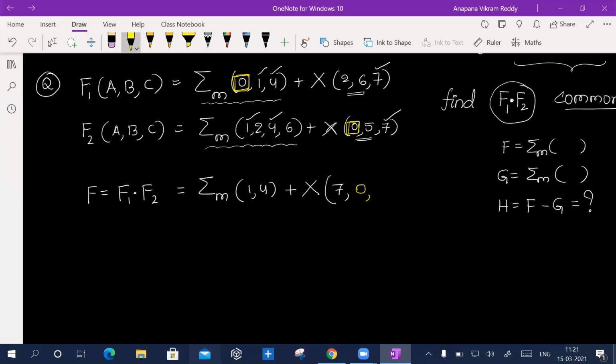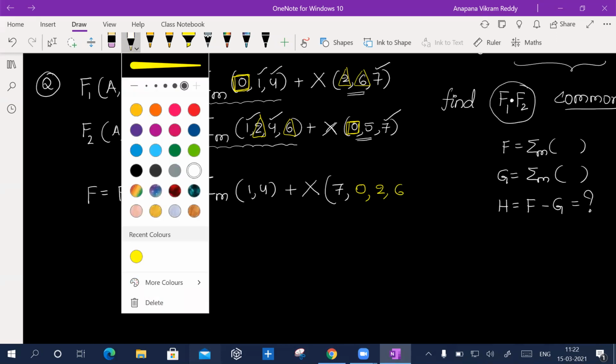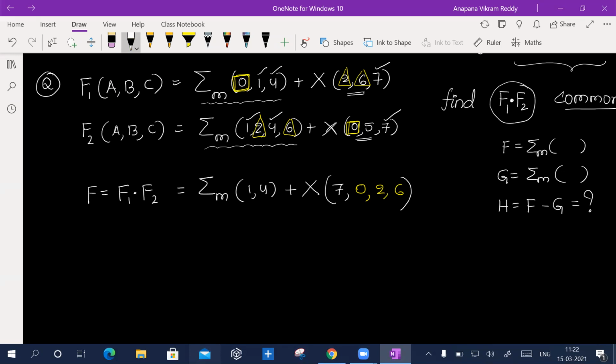So you can take that. Similarly, there must be something in F2 that may be don't care in F1. What do you have like that? 2 and 6, sir. That's it. So take that. This will always work whenever you're solving any GATE or IES problems. Whatever minterms you have, take the common ones. For don't cares, first take whatever is common.